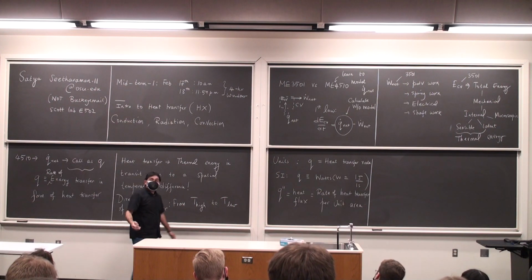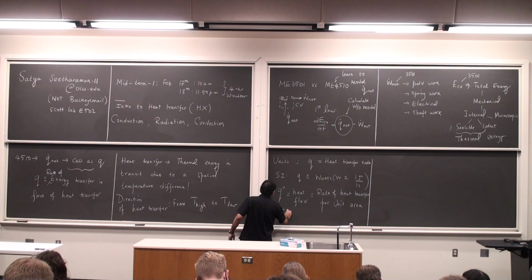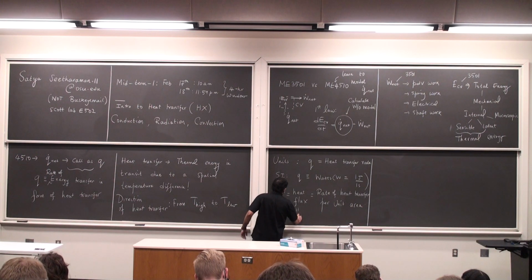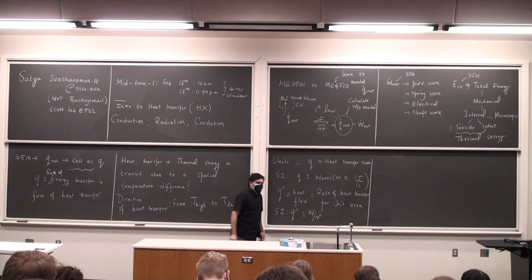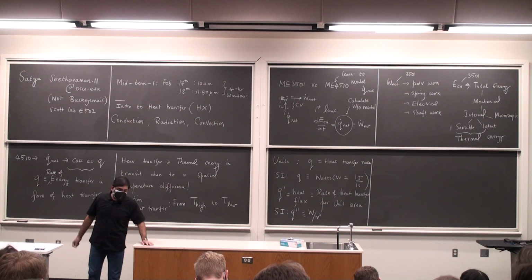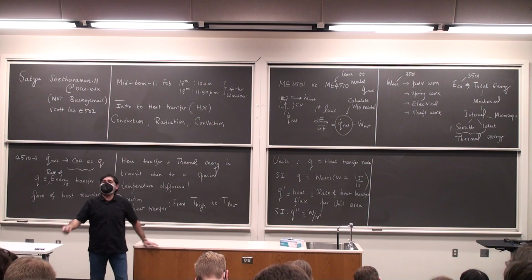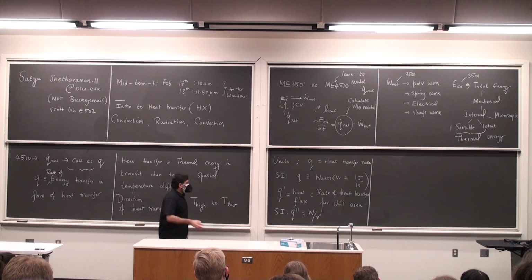Which means that this is going to be in watts per meter square units, SI system. Could be kilowatts, megawatts. Instead of meter square, I could have millimeter square, but the base unit is meters, the base unit is watt. So that's it for the units.